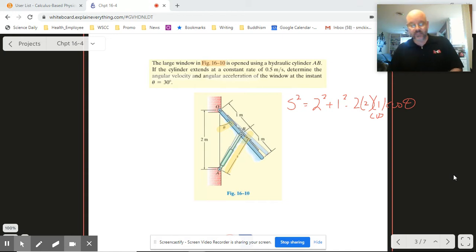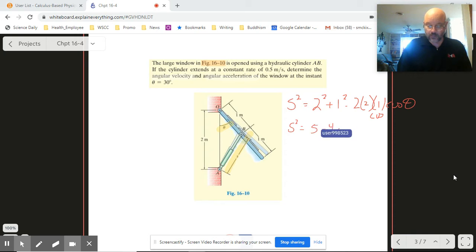Okay, so we can simplify that a little bit and turn that into s squared is equal to 5 minus 4 cosine theta. All right, there we go. That's our relationship right there.